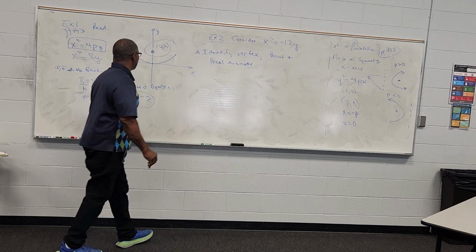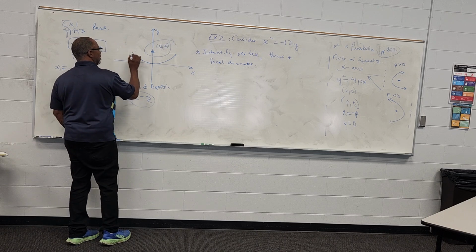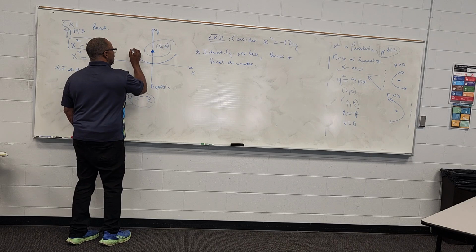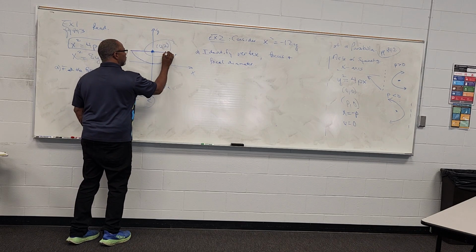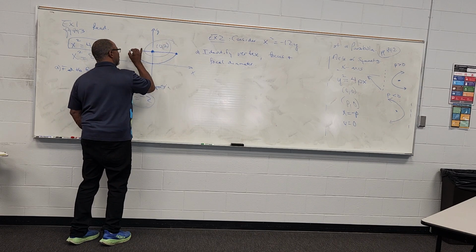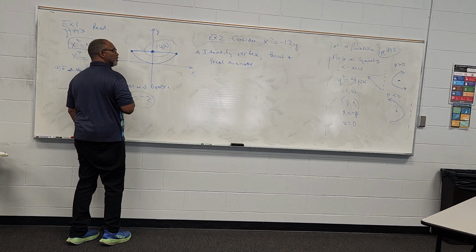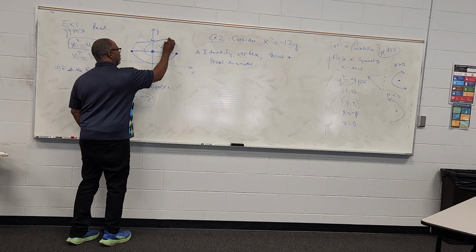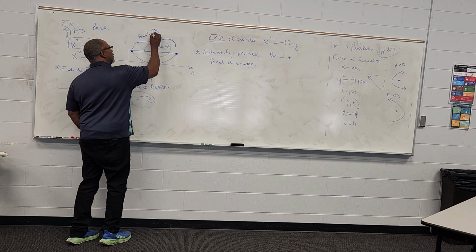I didn't mention focal diameter a moment ago, but it's a very simple concept. We've identified the focus of this parabola. If you draw a line through the focus that hits each side of the parabola, this length right here would be the focal diameter.